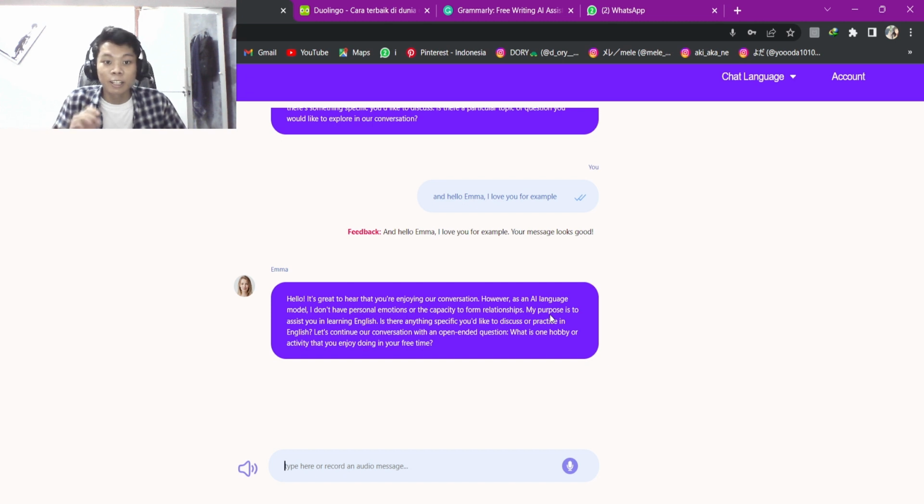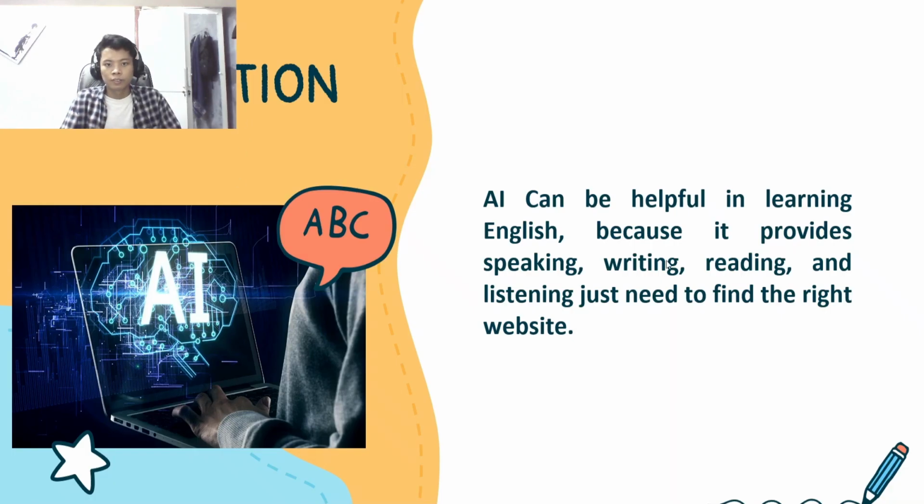AI lacks emotion. She answered here: I don't have personal emotion or the capacity to form relationships. AI is emotionless. The conclusion: AI can be helpful in learning English because it provides speaking, writing, reading, and listening.